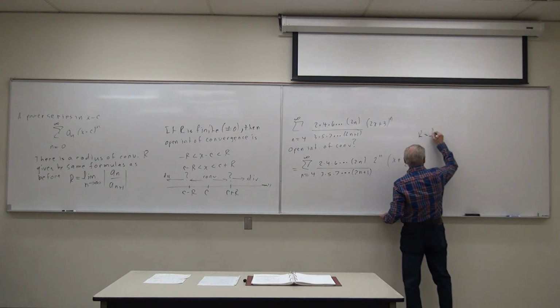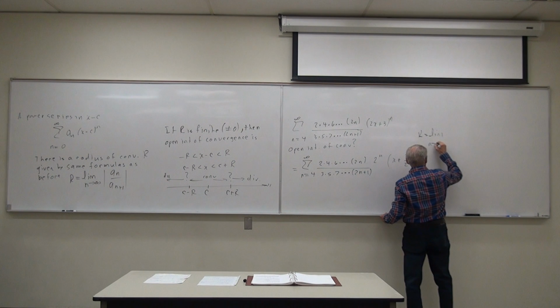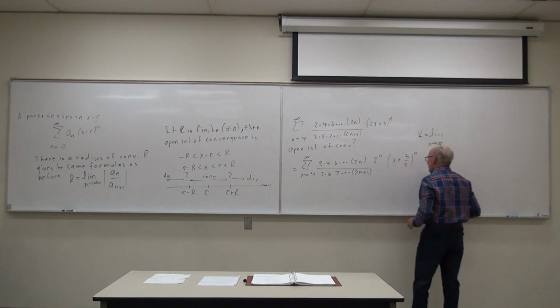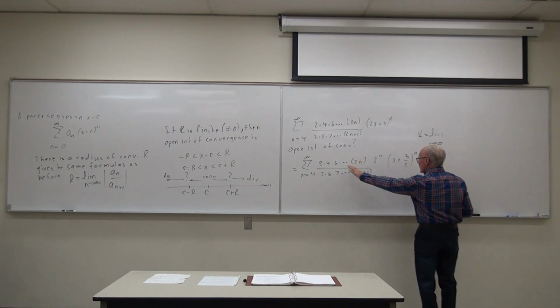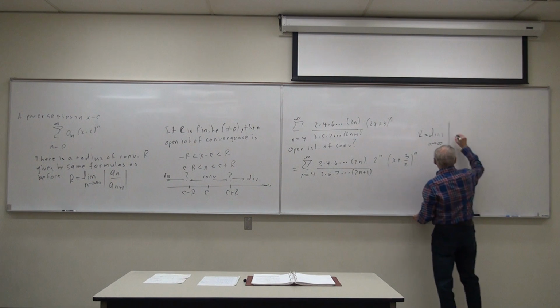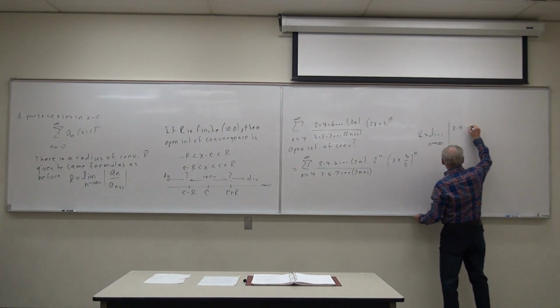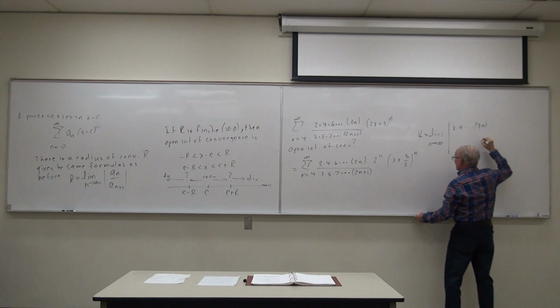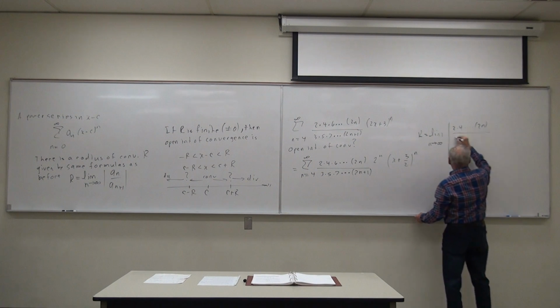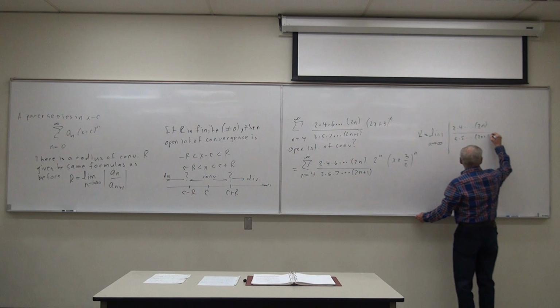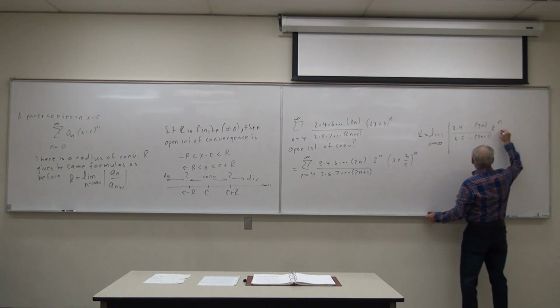R is equal to the limit as n goes to infinity of the absolute value of that which sits in front of this, which is all of that: 2, 4, dot, dot, dot, 2n on top, 3, 5, dot, dot, dot, 2n plus 1 on the bottom, and 2 to the n.